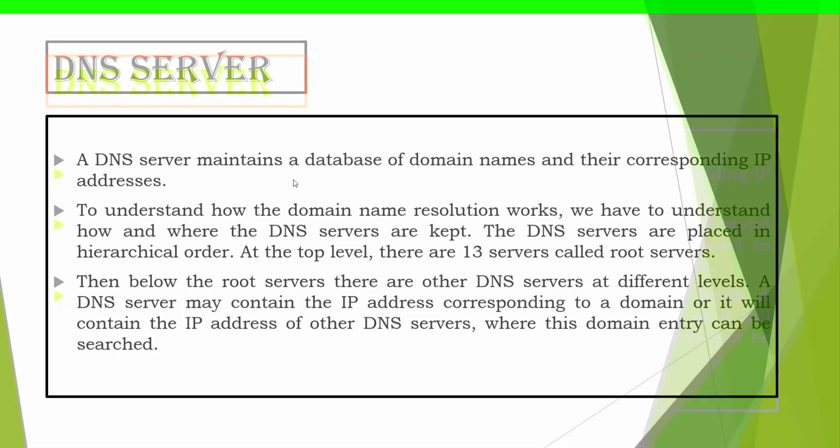Below the root servers there are other DNS servers at different levels, and a DNS server may contain the IP address corresponding to the domain, or the addresses of other DNS servers.